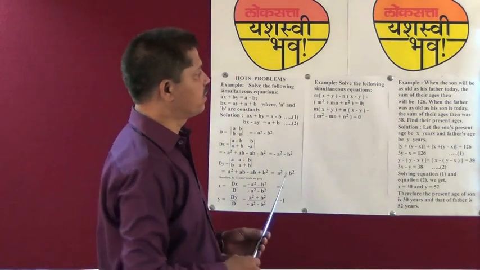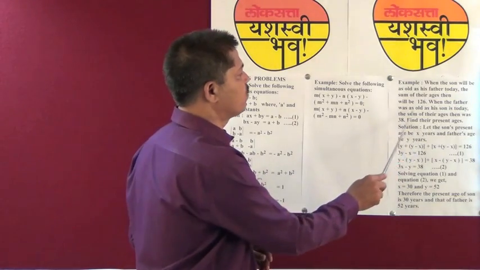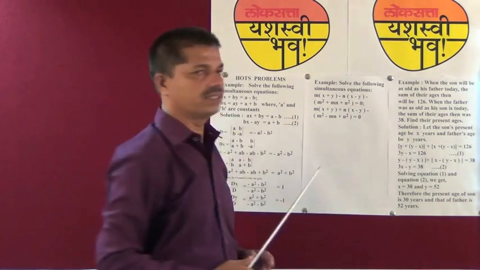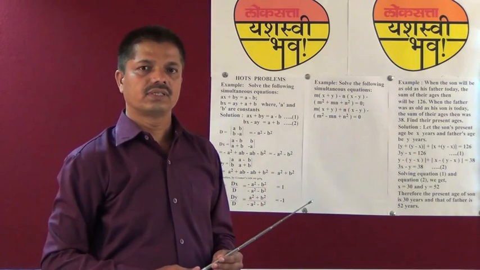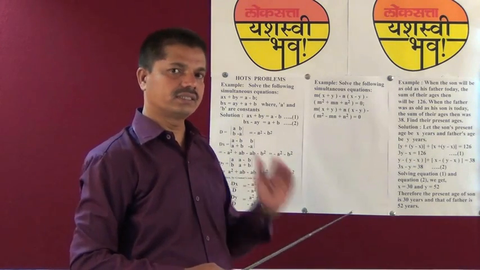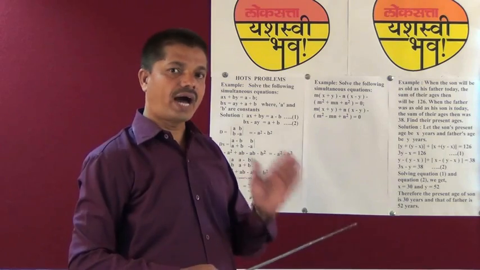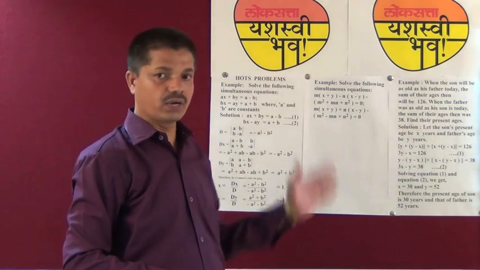The second part of the equation is: when the father was as old as his son is today. When was the father as old as his son today? It was y minus x years ago.